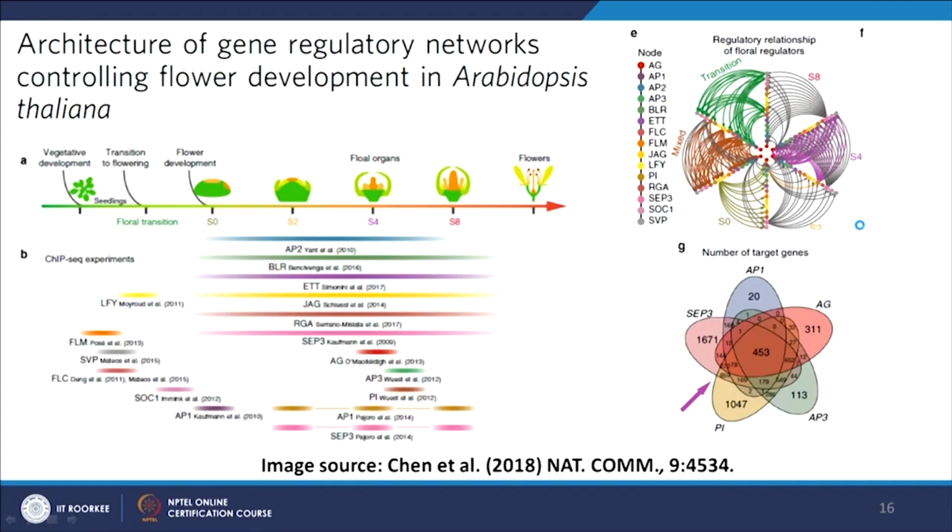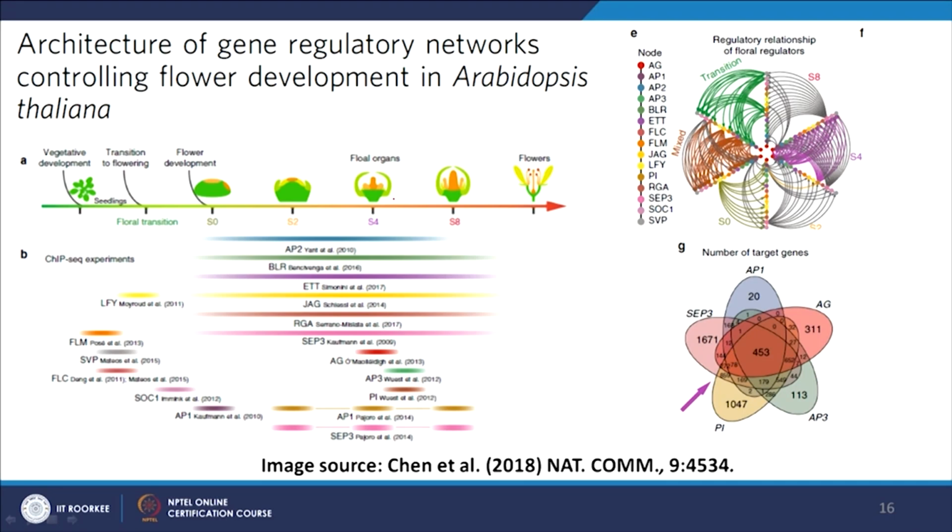A similar kind of thing has been done here, looking at the architecture of gene regulatory networks controlling flower development in Arabidopsis thaliana. As I said, flowering starts from the transition from vegetative phase to reproductive phase, and once this transition has occurred, the floral primordia under the floral meristem undergo different developmental stages.